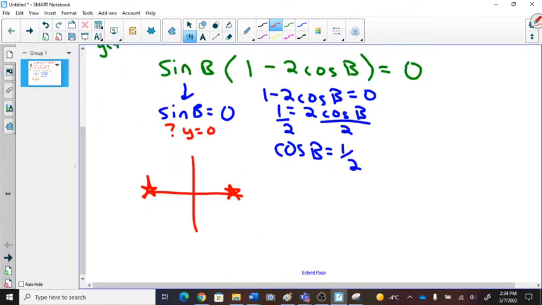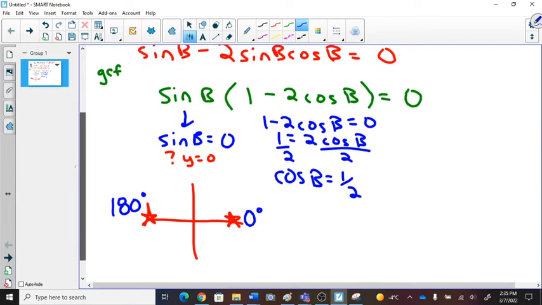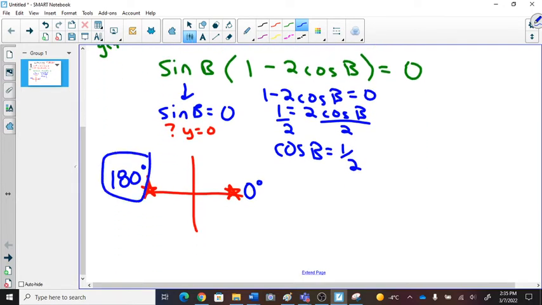So what should we answer? 0 degrees, 180 degrees, and does anybody know why I can't write 360? I'm not going to write it. Why? Because it has to be less than, and it's not allowed to be equal on that inequality. So those are two answers.